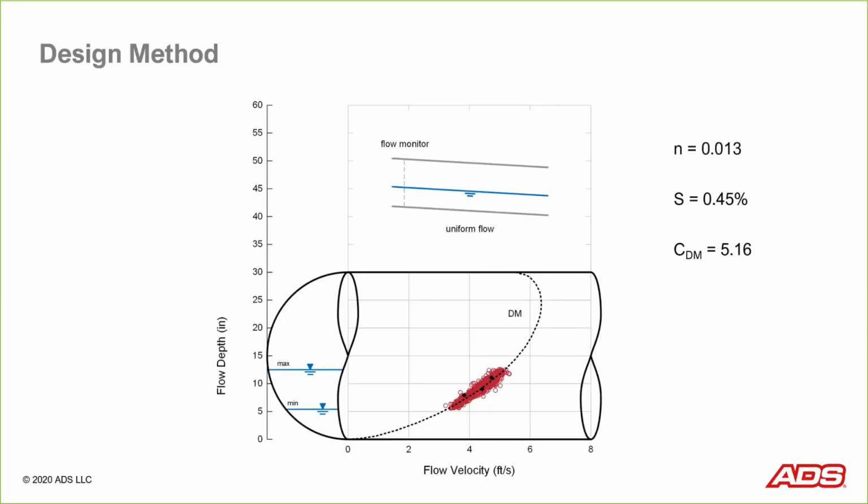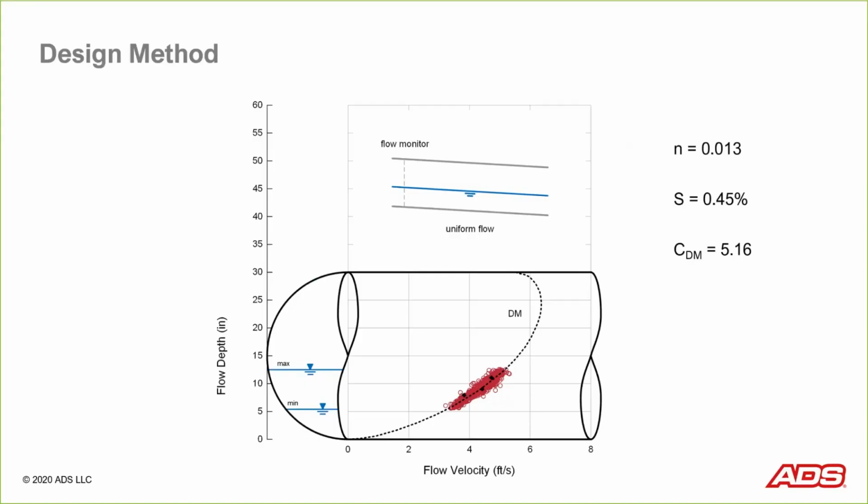Let's take a look at the design method here. So this happens to be data from a 30-inch sewer. This one is in California. And what we've done is we've taken what I call the design method, which is how most of you understand the Manning equation. I've taken a roughness value that we've assumed, which is 0.013, and I have taken the as-built or design slope for this pipe, which happens to be 0.45% on this pipe, and I've used that to define the Manning equation and plot it on a scattergraph.